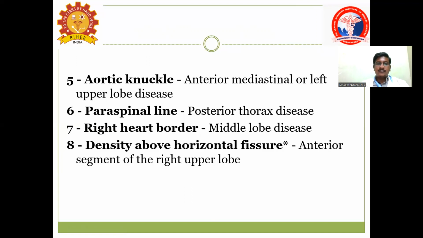Five, aortic knuckle, which is obscured by the adjacent anterior mediastinal structures. Paraspinal line, which is obscured by posterior thorax disease. Right heart border again obscured by middle lobe disease, and the horizontal fissure again obscured by anterior segment of right upper lobe collapse.